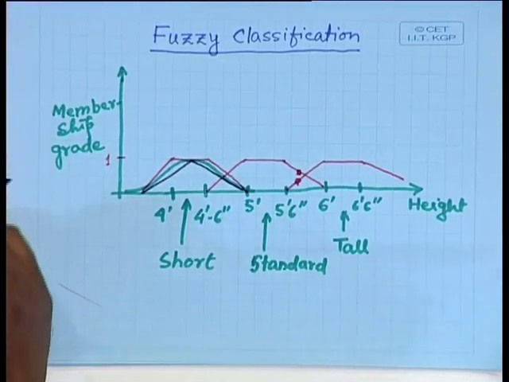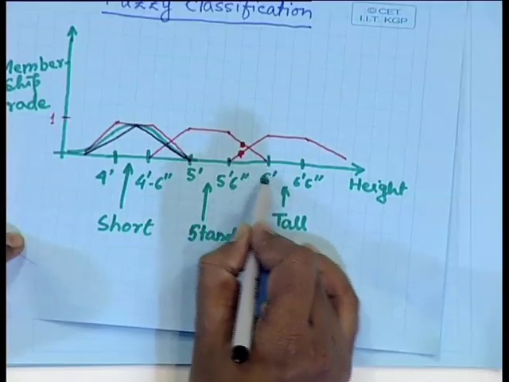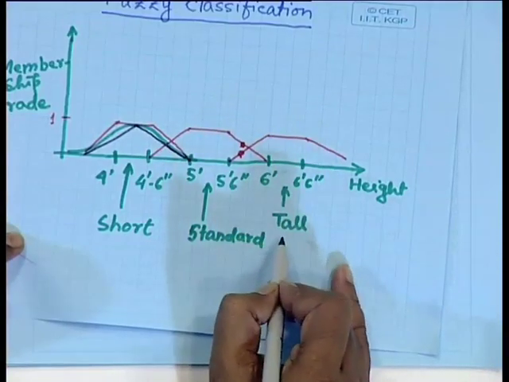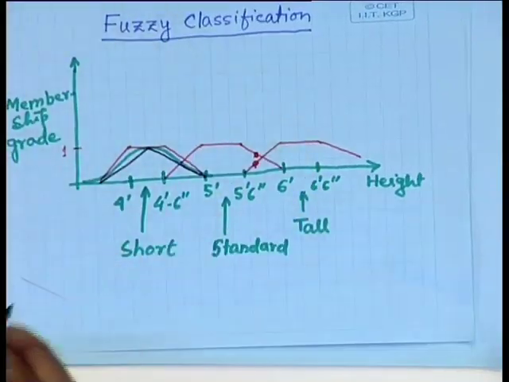Now, the question is how do you compute such membership functions? We can consider in our case that this point may represent our mean point corresponding to this particular class tall, and this point will represent the max point. As we said, if the unknown feature vector falls within the hyperbox, that means within the mean point and max point, then the membership value to that particular class will be highest, that is equal to 1.